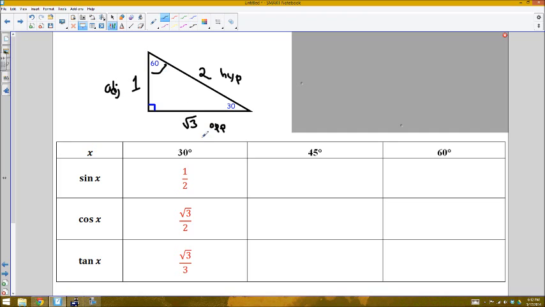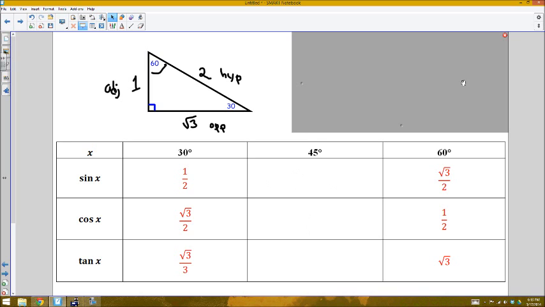So sine of 60 would be opposite over hypotenuse. The opposite side from the 60-degree angle is the rad 3, so sine of 60 is rad 3 over 2. Cosine of 60 is 1 over 2, or 1/2, and the tan of 60, opposite over adjacent, is rad 3 over 1, or just the square root of 3.